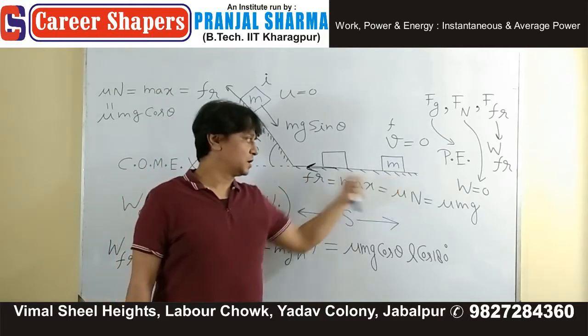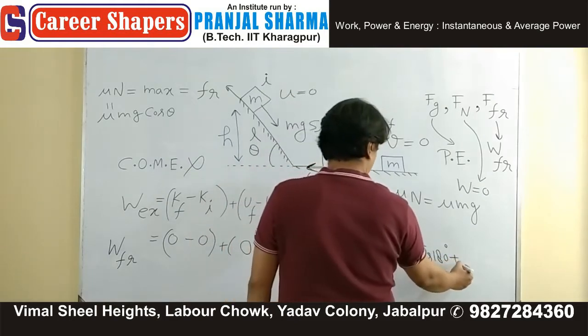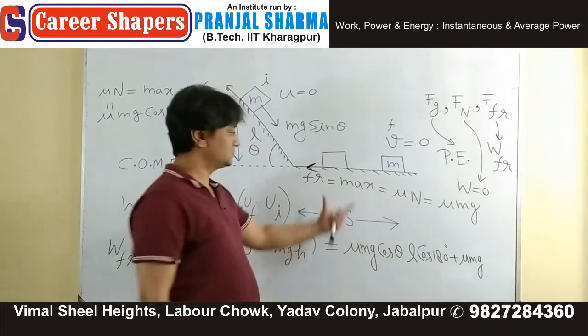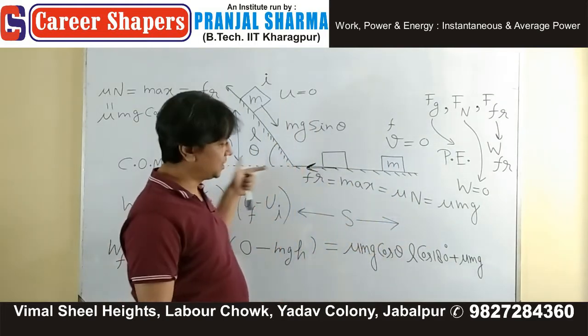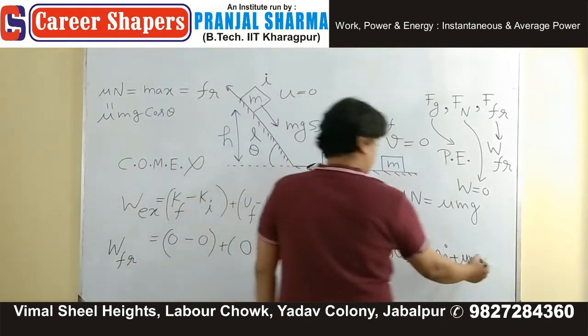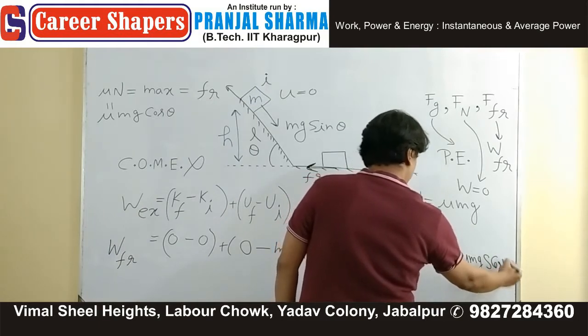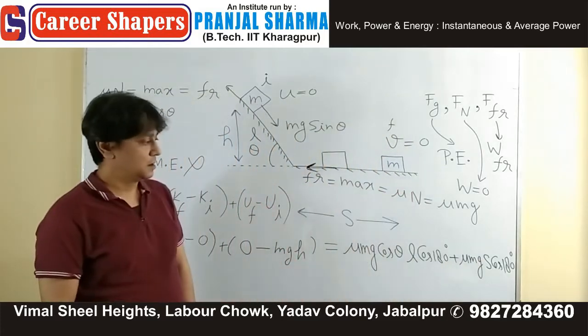Let's find out work done by friction on this part. कितना फोर्स है? mu mg. This side. बॉडी मूव कर रही है, this side. Displacement S, what is the angle? 180. Done.